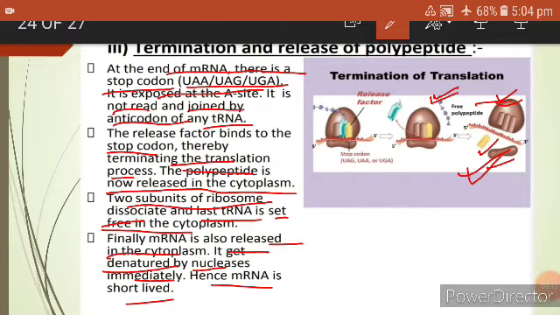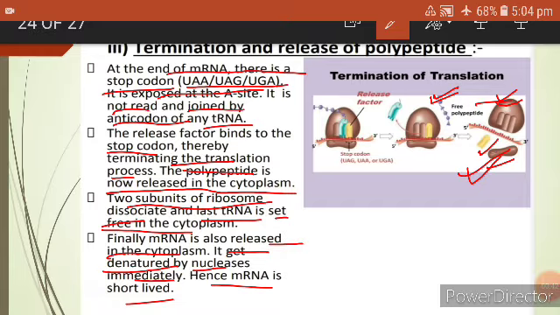So this is about the translation which we have studied here. Now one polypeptide chain is produced, and that polypeptide chain may act directly as a protein, or many polypeptides may come together to make a protein. It depends on the nature of the protein. Every time, the ribosome starts with AUG, keeps on reading, elongating and terminating, and releasing the protein or polypeptide molecules.